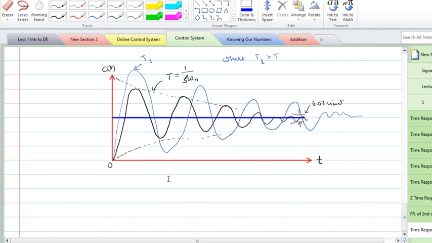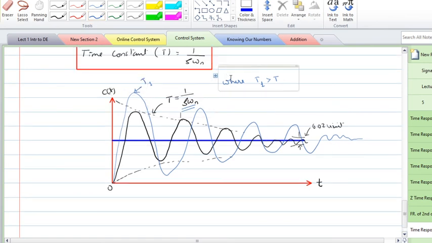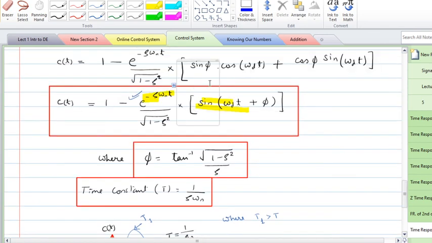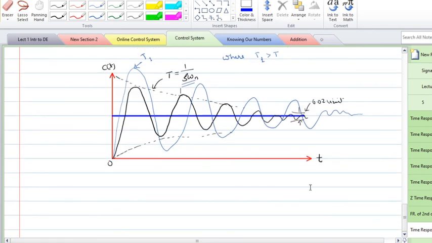Now we will see that the time response of a control system consists of zeta here and omega here. So it depends on the value of zeta as well, where zeta is actually your damping ratio.